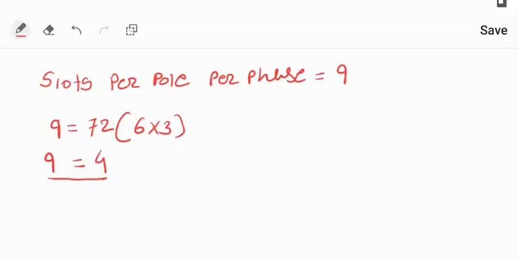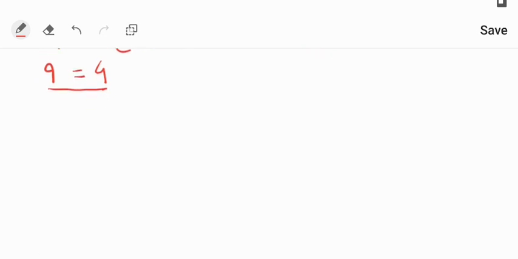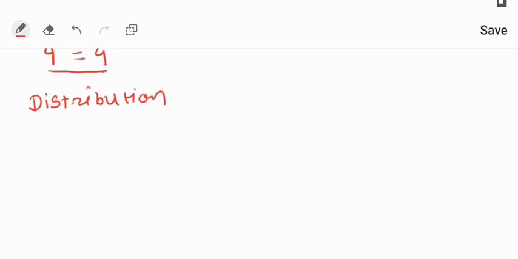Then next we have to find the distribution factor, which is denoted as KD.